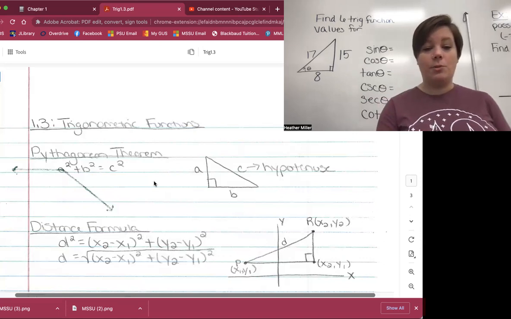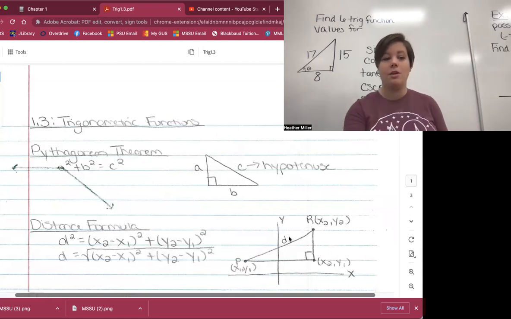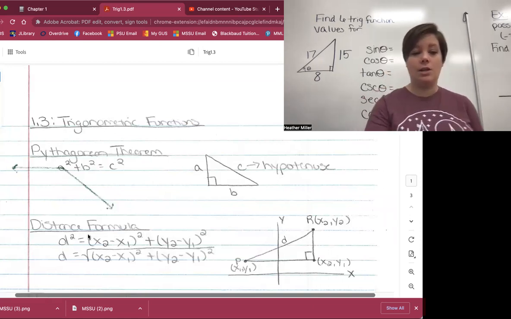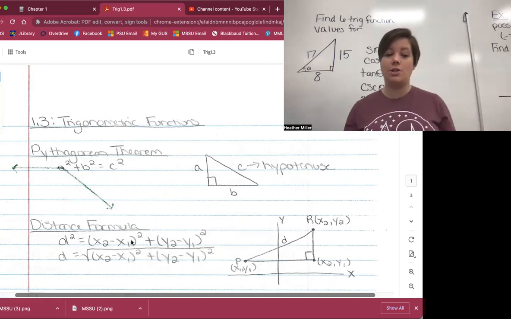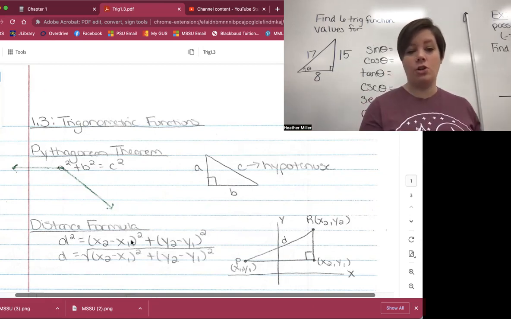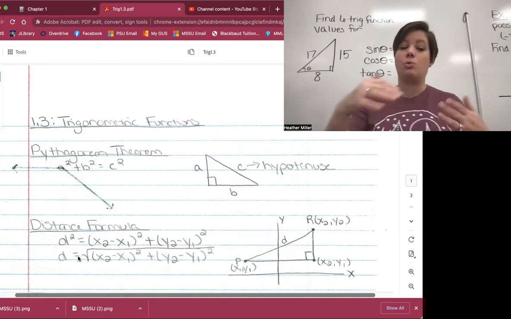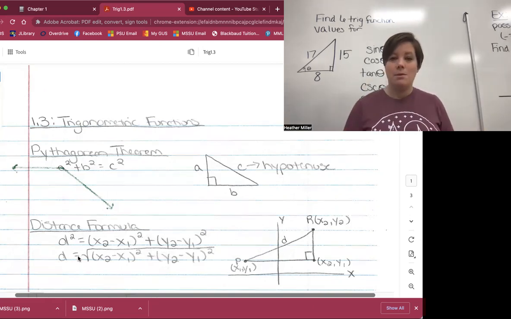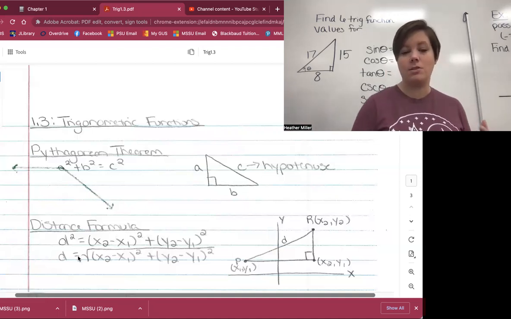The distance formula is actually derived from a right triangle that you can graph, where distance squared equals (x2 minus x1) quantity squared plus (y2 minus y1) quantity squared. But we don't usually think about it like that. We usually think about it as distance equals the square root of all of that, because it just makes it easier to think about, since distance is always a positive measure.